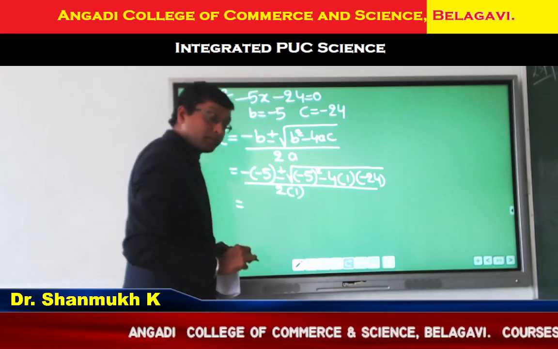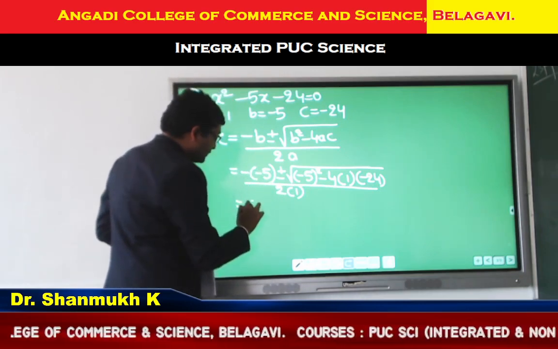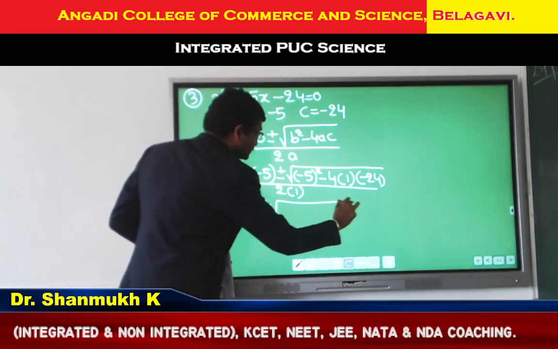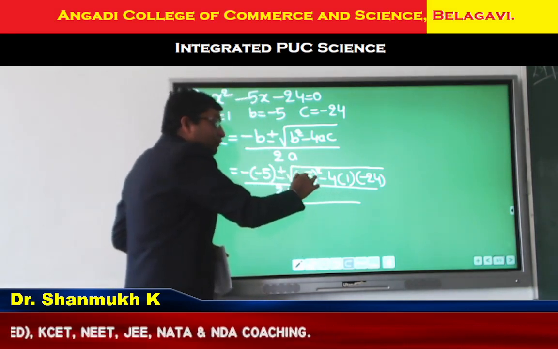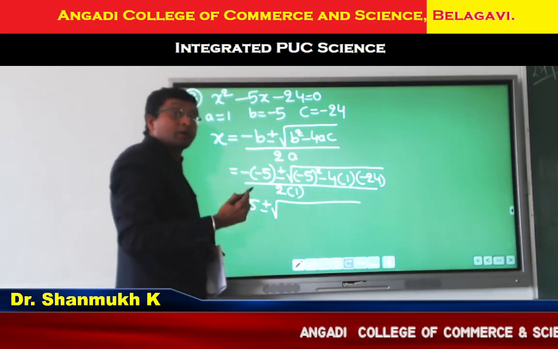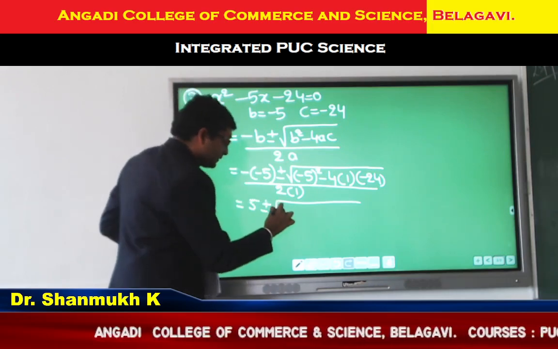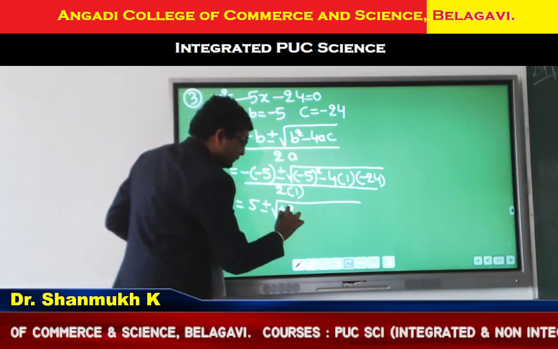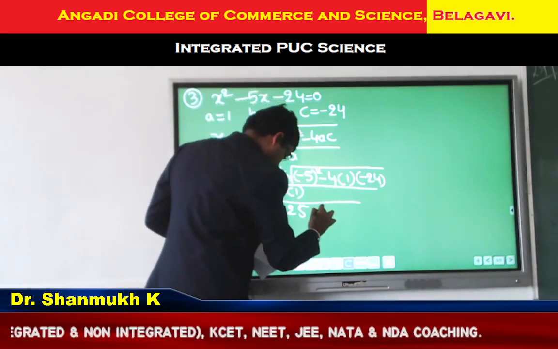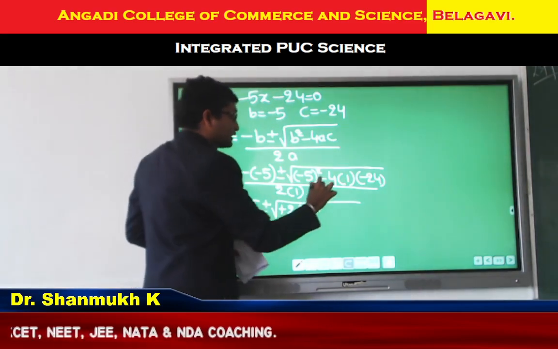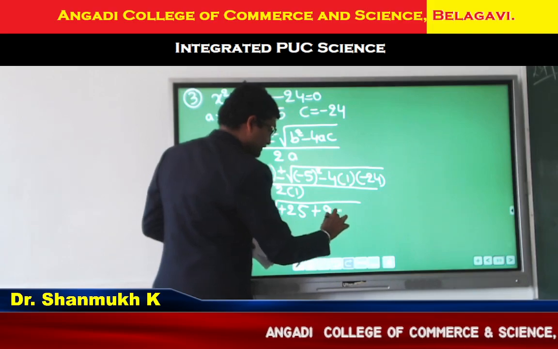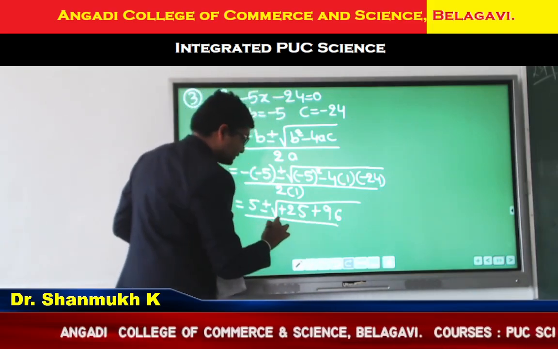So this is equal to, next minus into minus, plus 5, plus or minus under the square root of, here minus 5 square is there. Remember that a minus sign raised to an even power is always plus, it is plus 5 square, that is 25. Next minus into minus, we get plus. Next 4 into 24, we get 96, divided by 2 ones are 2.